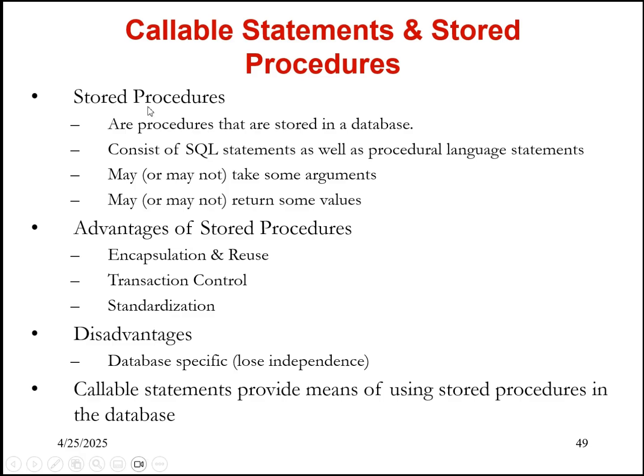Some databases support only procedures, and some support both functions and procedures. All the procedures are called stored procedures. These are also created as normal objects, and whenever you need to call the procedure, you can use a callable statement from your JDBC code.